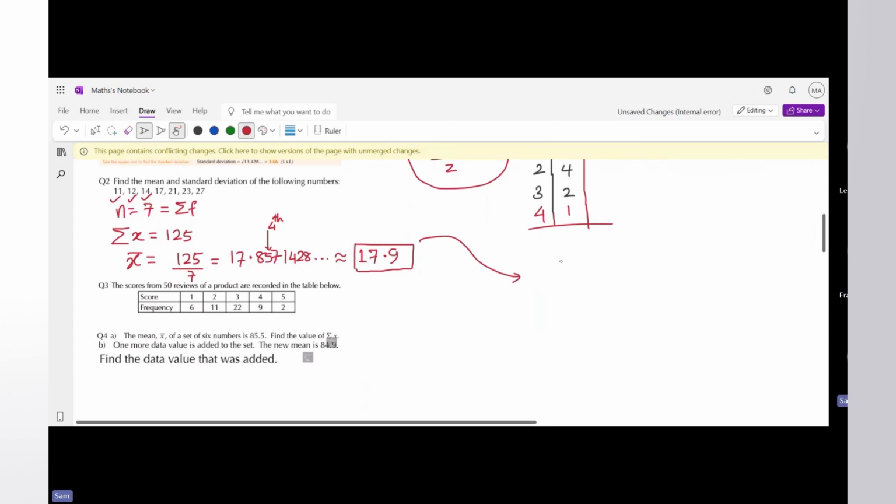No, I'm asking you what is sigma x squared? It cannot be in decimals. You are simply squaring and adding numbers.